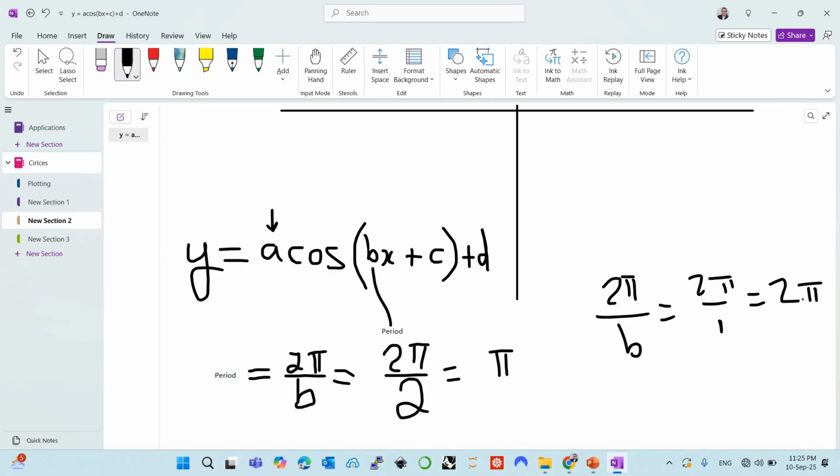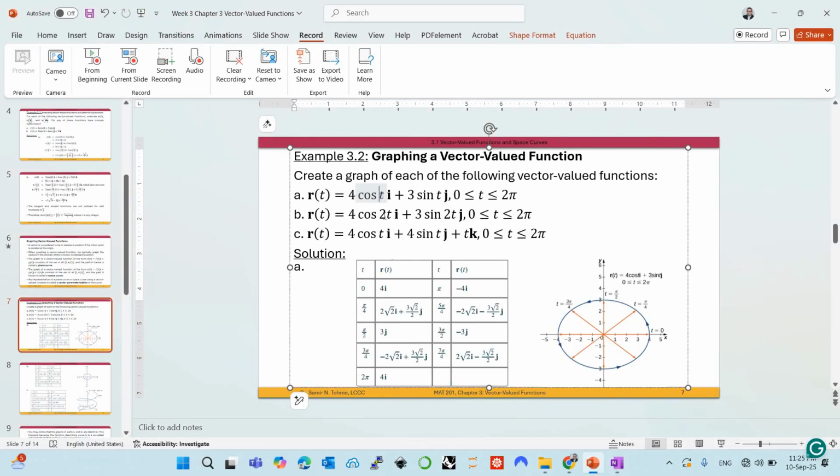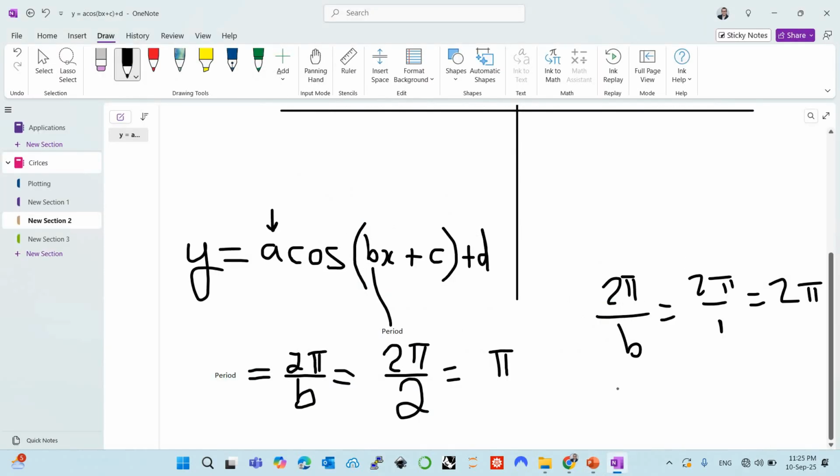For part A, the period is 2 pi. For part B, the period is pi. So it decreased. If we increase the coefficient over here, the period will decrease. In terms of a real physical system, this means that this one is moving faster.